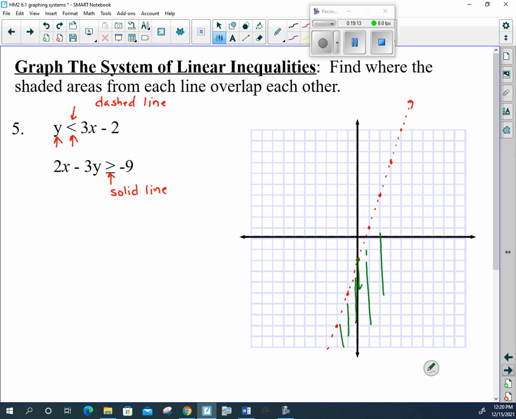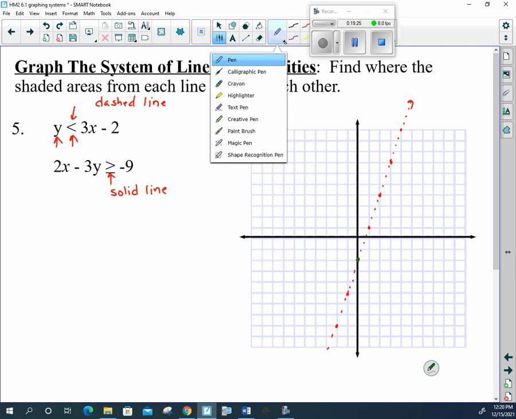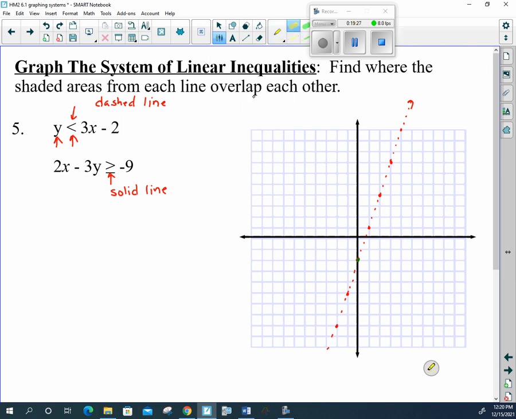All of this would be the shaded area. So let me shade that. I'm going to do a highlighter pencil, and I'm going to shade this area here. So erase that. So it's going to be everything over here is getting shaded.